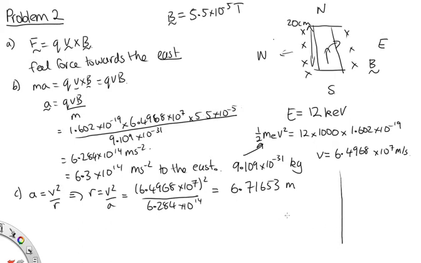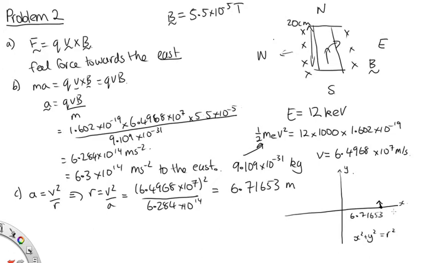Okay, now let's draw our circle. Circles obey the equation x squared plus y squared is equal to r squared. So initially, here's our velocity up here. This is x, this is y, and r is 6.71653.